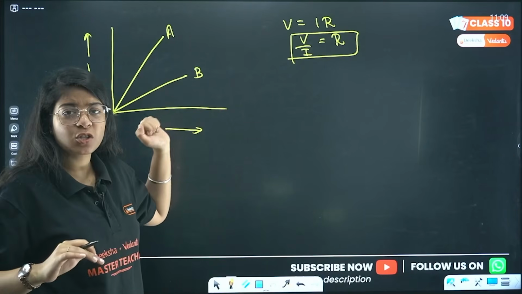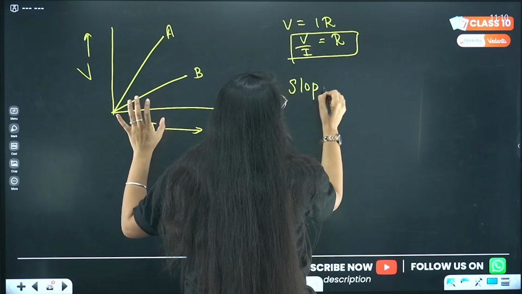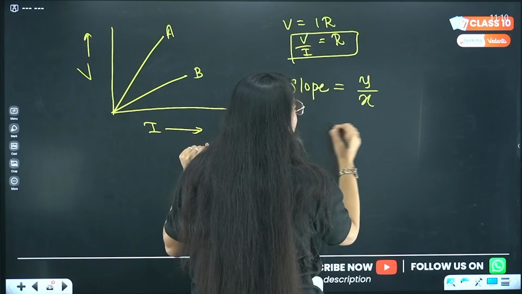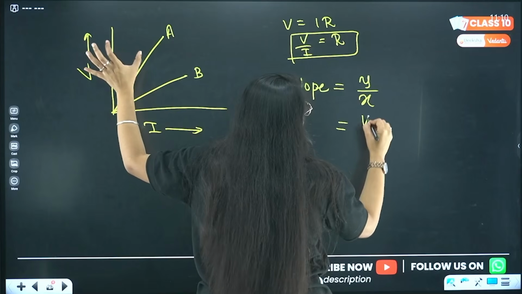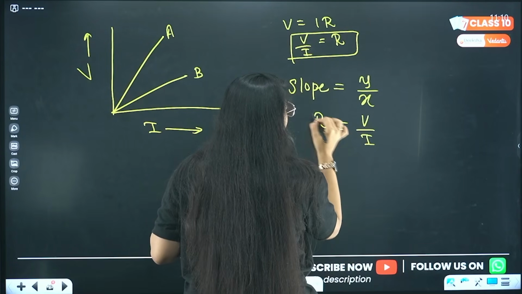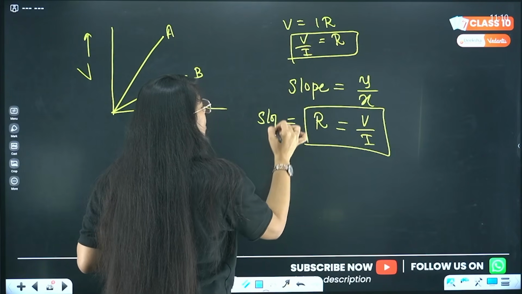So, let us find the slope of this particular graph. What is the slope of this particular graph? That will be y-axis divided by x-axis. Now, y-axis is V and x-axis is I, right? So, slope is what? Also R. Right? The slope is also R.